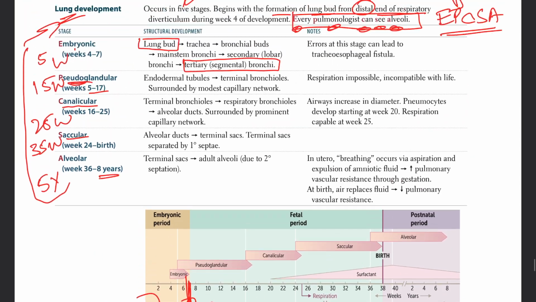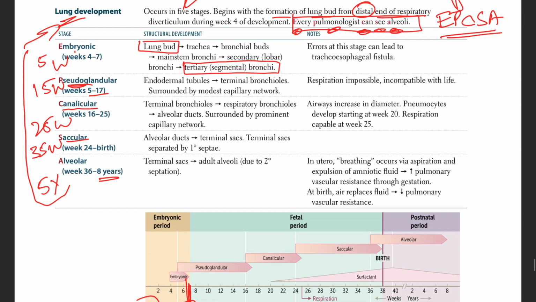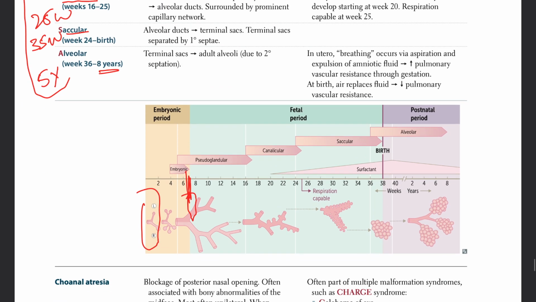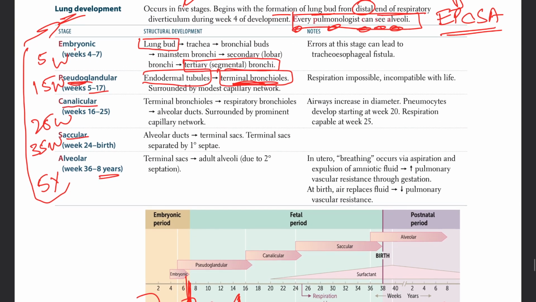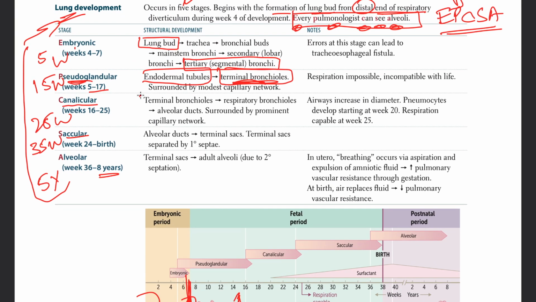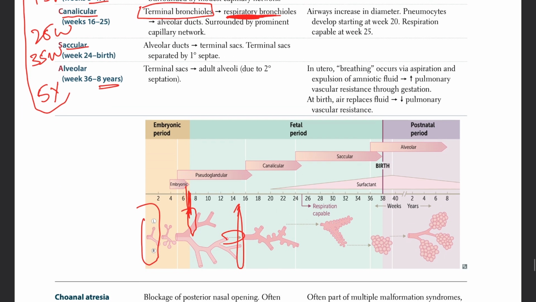Then you have the second one, which is pseudoglandular. Pseudoglandular took all of those tubules and formed the terminal bronchioles. This is also important, terminal bronchioles. Now the canalicular takes those terminal bronchioles and forms the respiratory bronchioles.